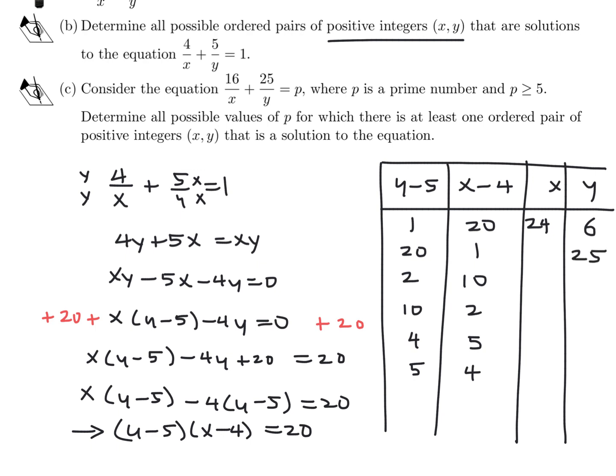And if x minus 4 is 1, then x is 5. And then if y minus 5 is 2, that means y is 7, and this, I believe, would be 14. This will be 15, and this would be 6. And this would be 9, and this would be 9. And if y minus 5 is 5, then y is 10, and then this would be 8, I believe. So there we go. Those are the solutions to part B.